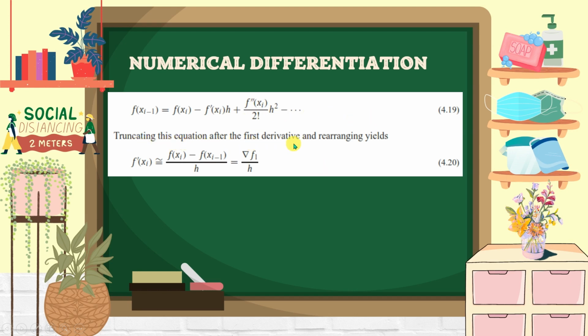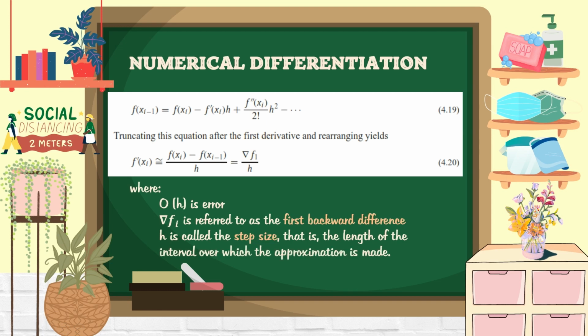Truncating this equation after the first derivative and rearranging, we have the first derivative f'(x_i) approximately equal to f(x_i) minus f(x_{i-1}) all over h, wherein O(h) is the error of the step size and the inverted delta f_i is referred to as the first backward difference, and h is the step size, that is the length of the interval over which the approximation is made.